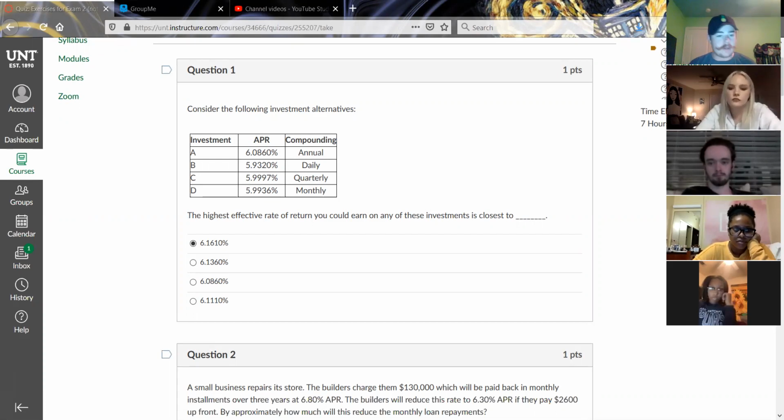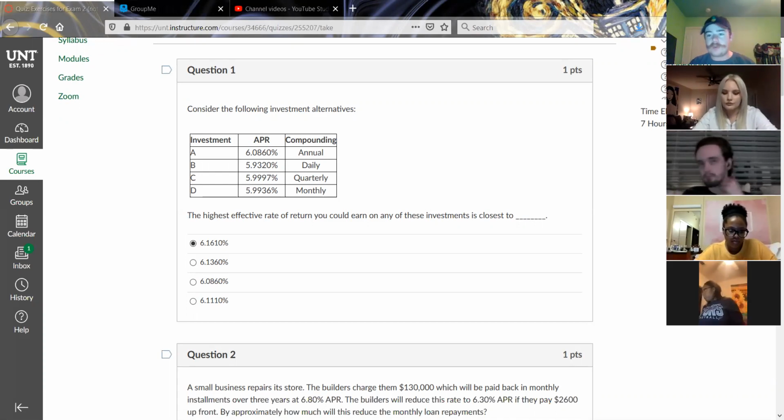The answer ended up being 6.1610. I believe that was the monthly compounding. If you just put in the information from the question to the formula, it should come out like that. If you've done it correctly, you need to make sure you're following it right.